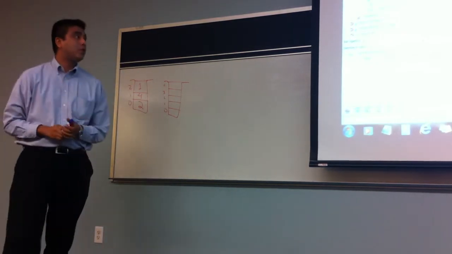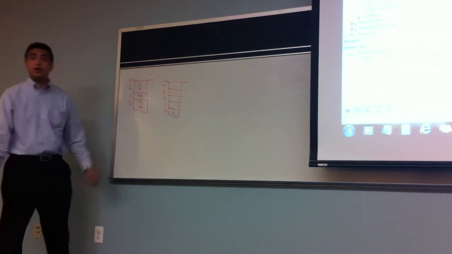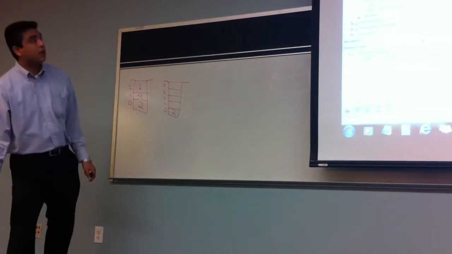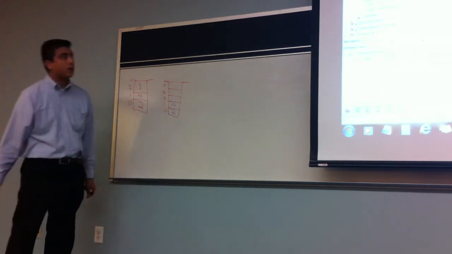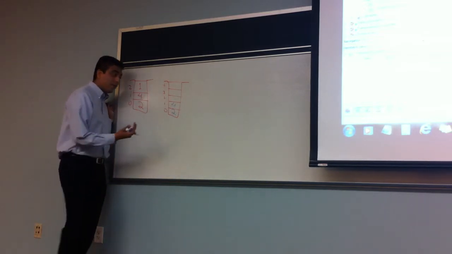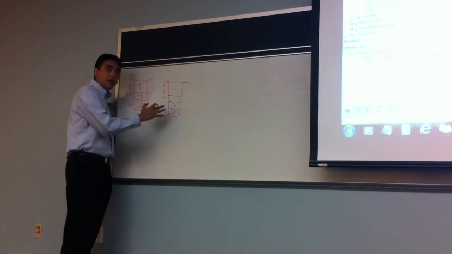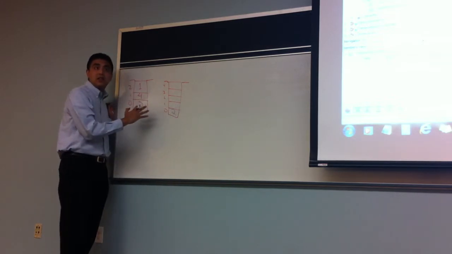You say push 2. So far so good? Then you say push 4. Then pop. If you want to do it graphically, you can delete it. Just graphically, but you know it's still there.